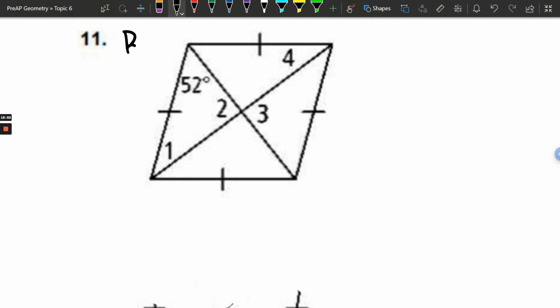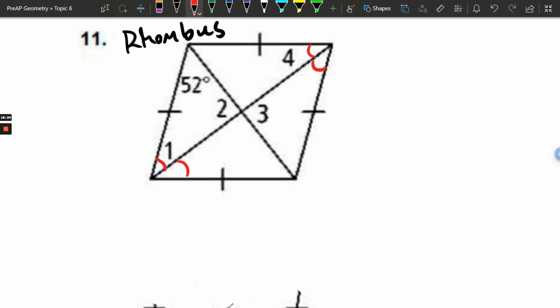This is a rhombus, by the way. If you're looking at the notes, all of these example problems on the second page are rhombuses. So we already know a few things about the angles going on here. We have to find angles 1, 2, 3, and 4. If we start drawing all the properties that I know about a rhombus, I already can tell that angle 1 is going to be the same thing as angle 4 because we have those bisected vertex angles by that diagonal there.